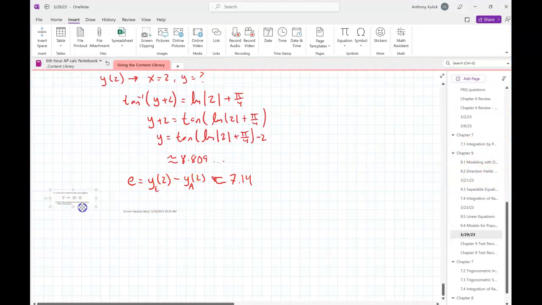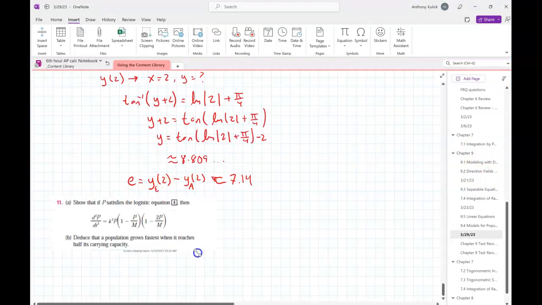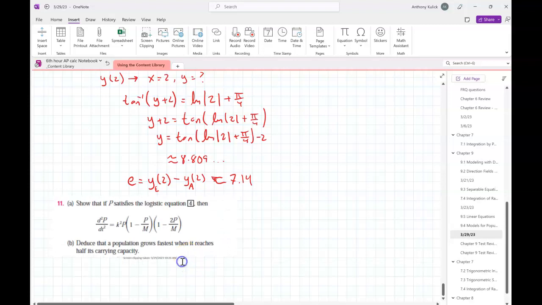That's a weird spot to have dropped that. Okay. So, in order to prove that the second derivative of logistic equation 4 equals that right there, would you just take the derivative of that first logistic equation?